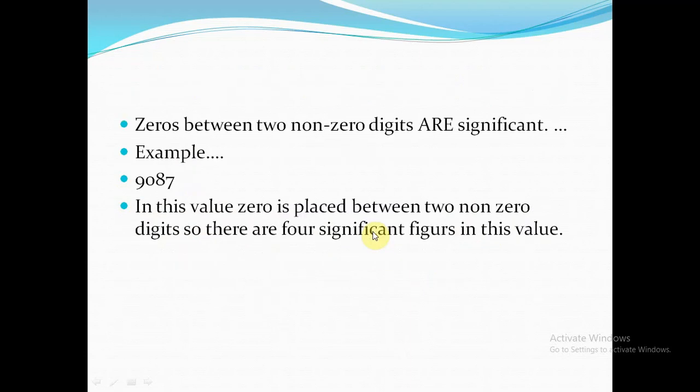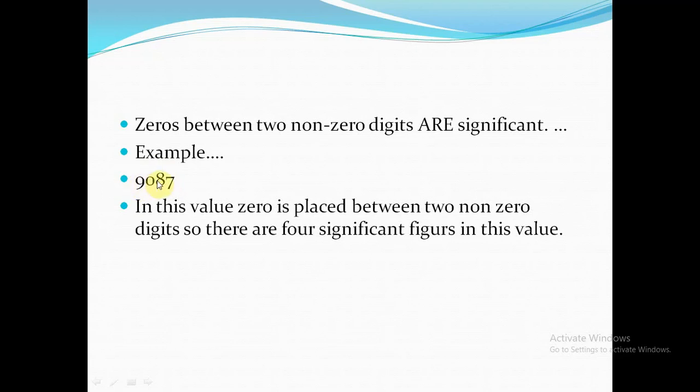Now we move to the next rule to find the significant figures. Zeros between two non-zero digits are significant. For example, we have a value 9087. You can see that there are 4 particular figures, 9, 0, 8, and 7, and 0 is between two non-zero digits, 9 and 8.